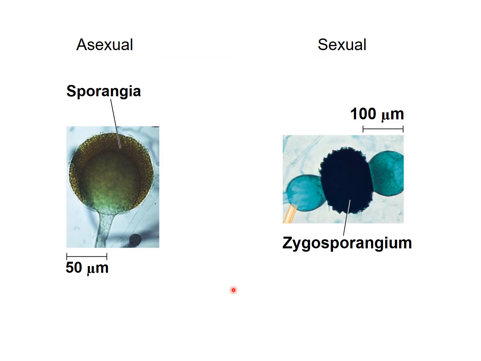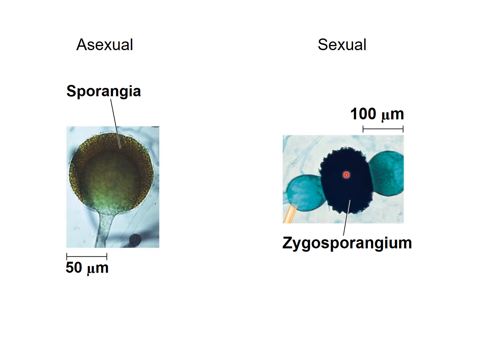Like I've already mentioned, the members of the Zoopagomycetes can reproduce asexually, and asexually they usually produce fruiting bodies called sporangia. Inside the sporangia are spores, and in this case these spores do not possess flagella, so they do not need water in order to survive.